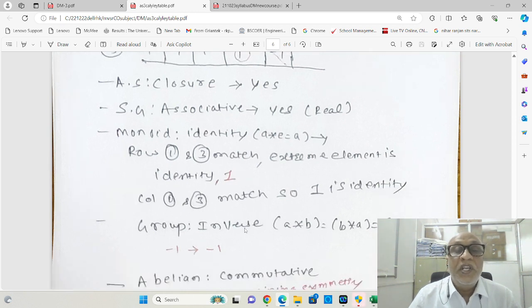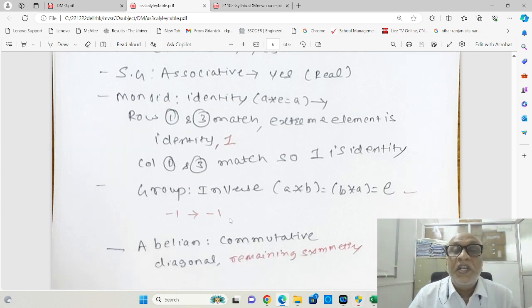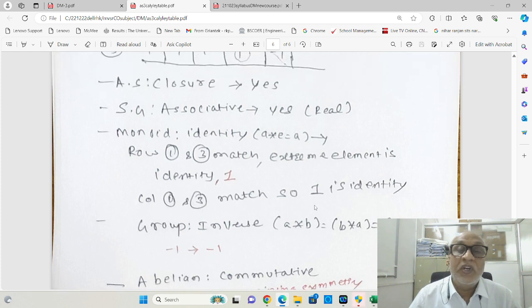Whether it holds the inverse property or not. What is the inverse property? A star B is equal to B star A is equal to E, where B is an inverse and E is the identity element.